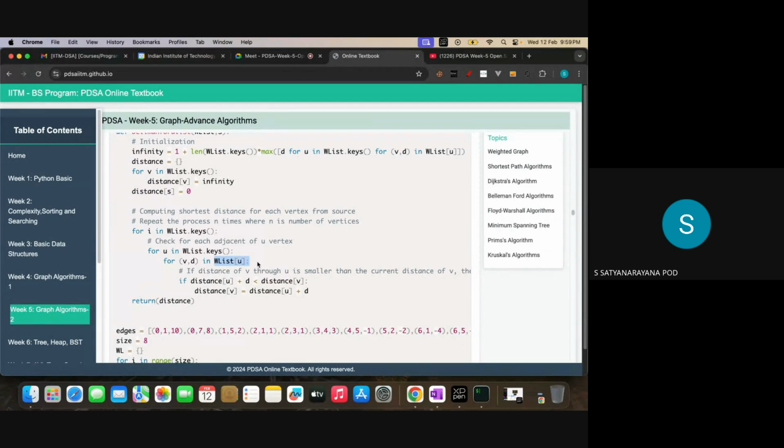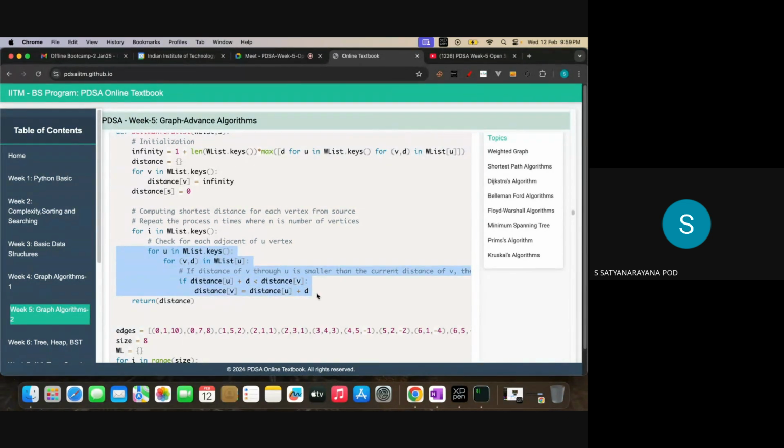But one thing you need to do: once you get the final distance, you want to check whether the edge stabilization is done, whether the values are stabilized or not. What should I do is take this distance and run this outer loop and inner loop one more time.